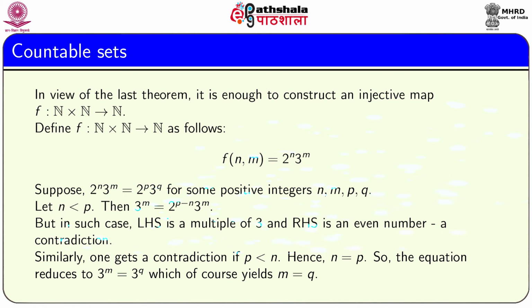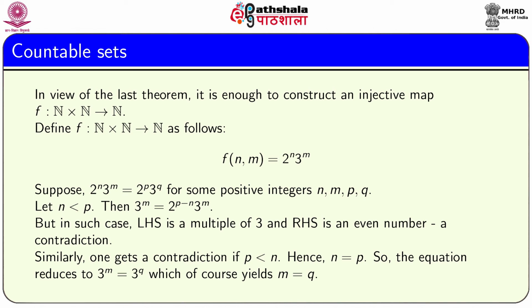Suppose 2 to the power n times 3 to the power m is equal to 2 to the power p times 3 to the power q for some positive integers n, m, p, q, and we further assume that n is strictly less than p.